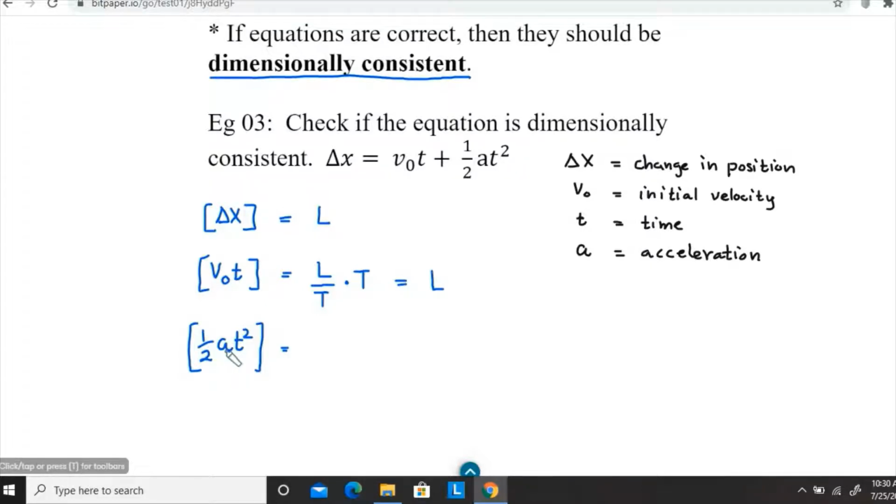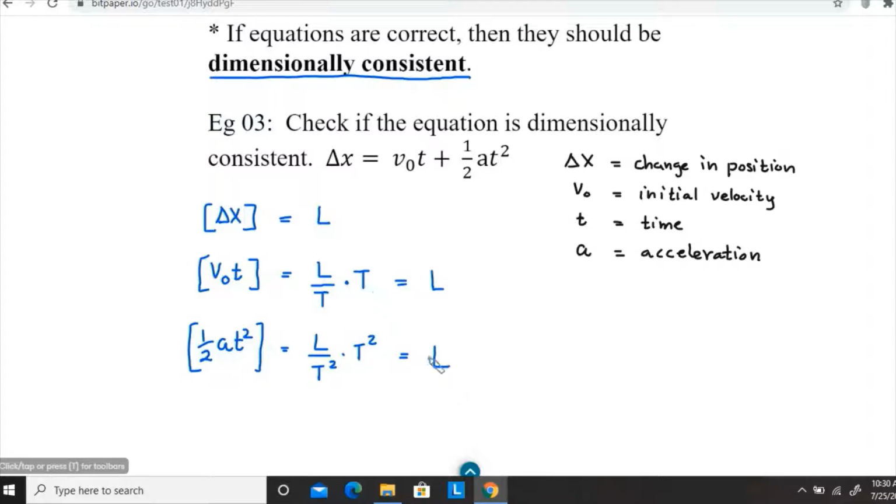We focus on the dimensions of acceleration and the dimensions of time squared. Dimensions of acceleration, from the previous slide, if you recall, is L over T squared. And then dimensions of time squared is T squared. Now you can see you have a T squared in the numerator and a T squared in the denominator. So then you have L.